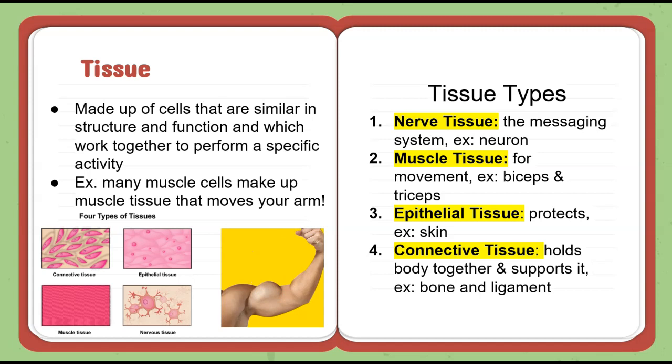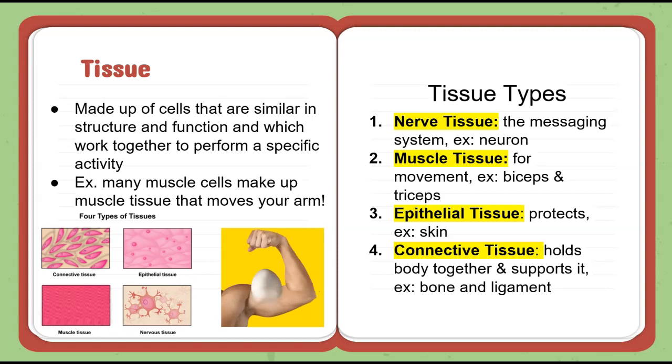But there are 4 different types of tissues within the human body. There's connective tissue, epithelial tissue, nervous tissue, and muscle tissue. And it actually can get even more detailed than that. Nerve tissues are used for the messaging system.